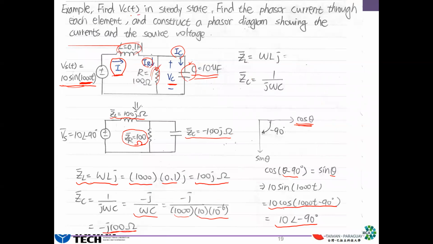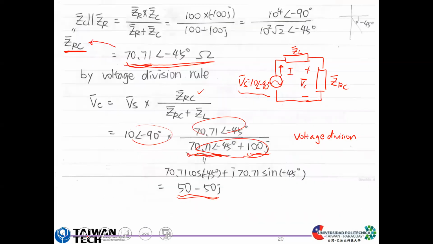So this is the first part. It asks us to find VC. And the second part asks you to find the phasor current through each element.